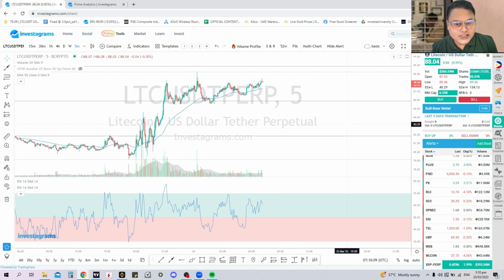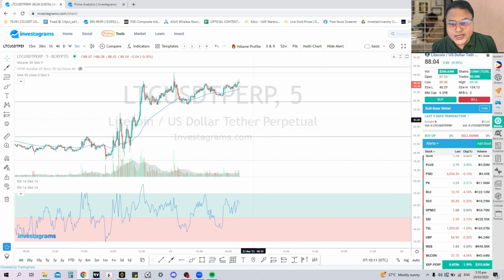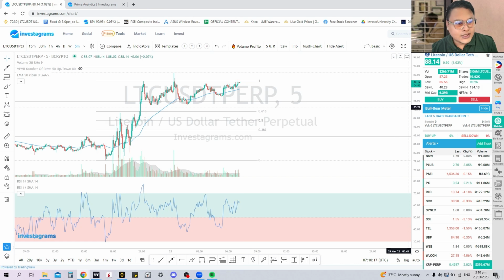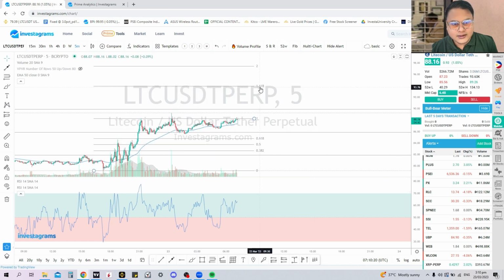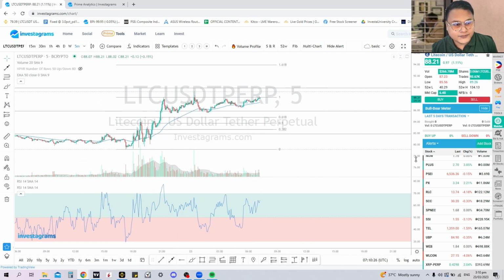So based on this 5-minute time frame, we can see a flag, diba? Or a continuation pattern. And our target at 1618 is at 93 and 1:1 neto is at 97.